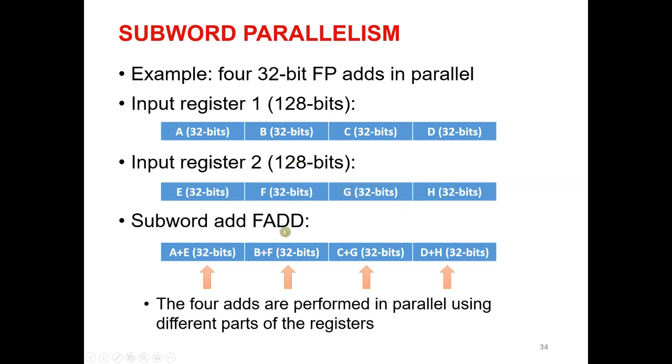So with only one addition instruction, we will be doing 4 additions in parallel. This is what we call subword parallelism, or single instruction multiple data. With only one instruction, I perform an addition on multiple data.